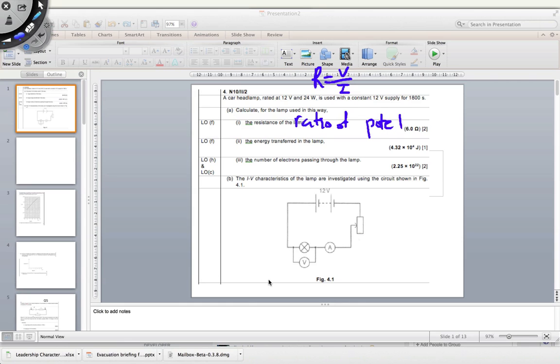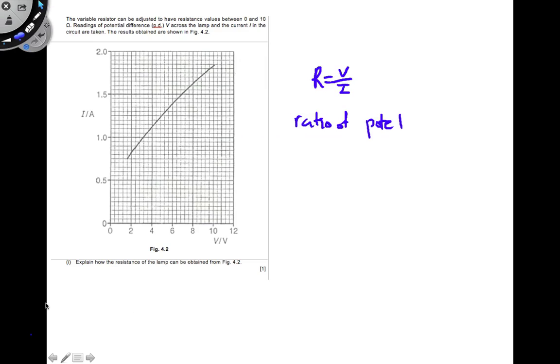This follows from your definition of Ohm's law, so it is purely R equals V over I. I'm just taking the ratio of potential difference to current. That's it. Nothing special about this. It's just a pure definition question.